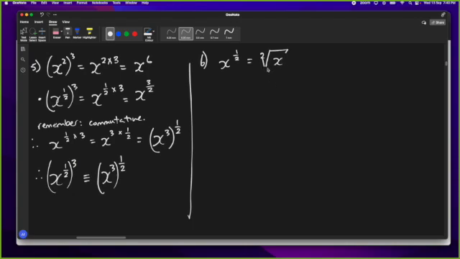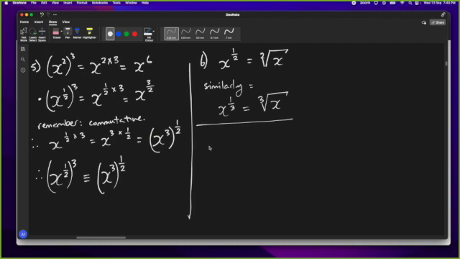So the square root of a number is actually that number to the power of a half. Similarly, if I have x to the power of a third, that would be the cube root of x. So the denominator of the fraction is the root that you're dealing with.